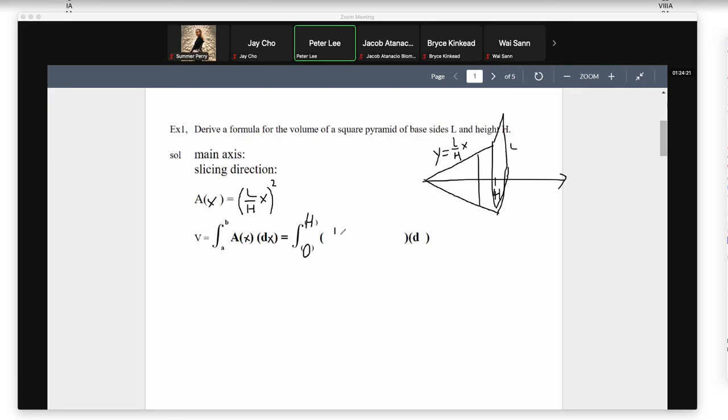So copy this: L squared over h squared, x squared. Integrating, this is going to be 1/3 L squared times h. This is what you get at the end.